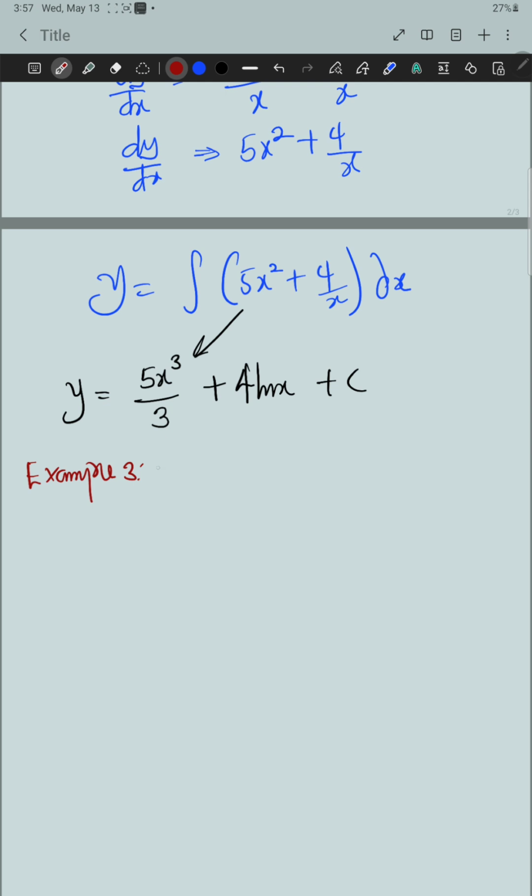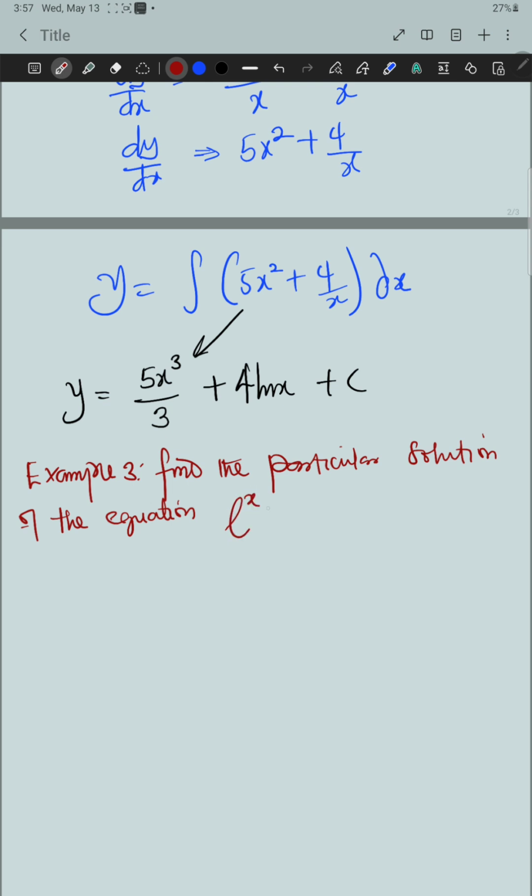It says find the particular solution of the equation e to the power of x, dy over dx is equal to 4, given that y is equal to 3 when x is equal to 0.